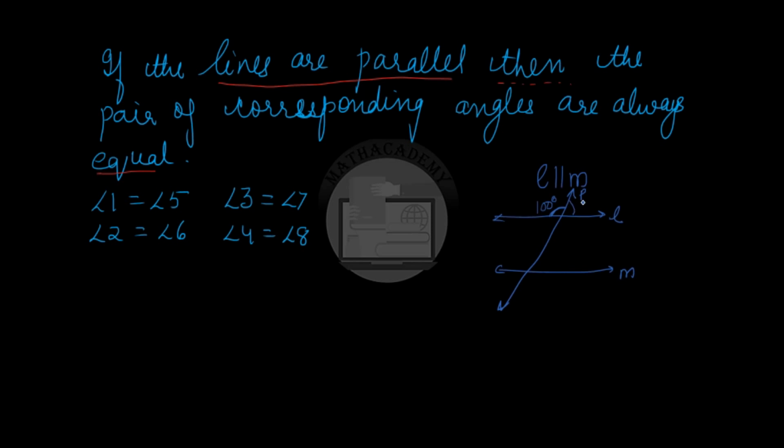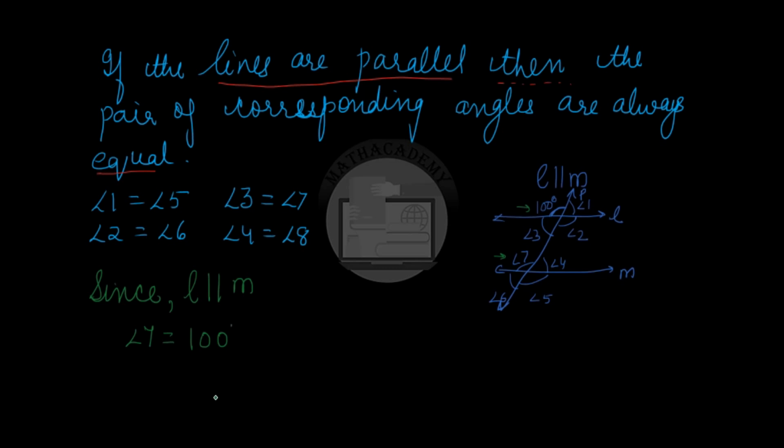So let us mark this as angle 1, angle 2, angle 3, 4, 5, 6 and angle 7. Since line L is parallel to line M, the pair of corresponding angle 100 corresponds to angle 7. So angle 7 is equal to 100.